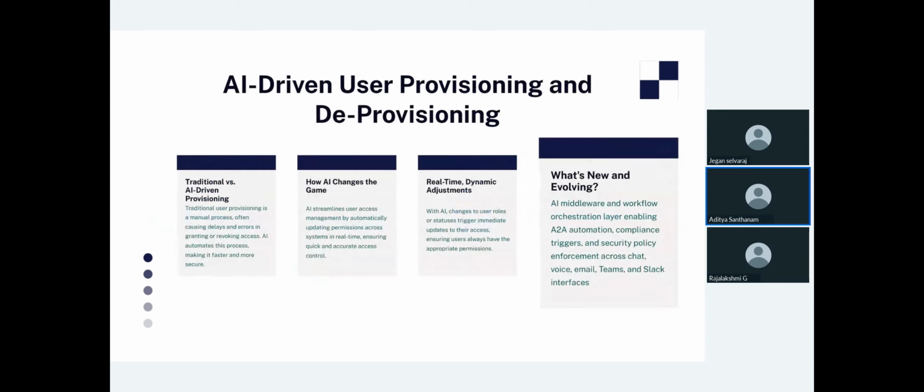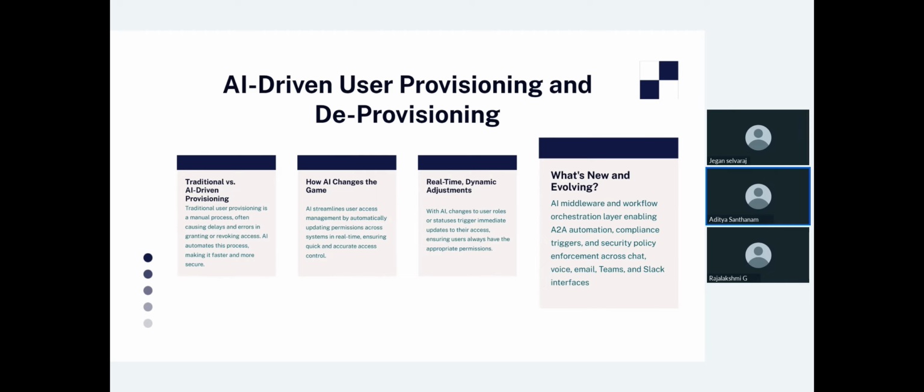Now, coming to AI-driven user provisioning and deprovisioning, I'll explain it a little differently. You can imagine AI agents handling each of these tasks separately. For example, if you're managing user provisioning and deprovisioning across a certain application, you can have an AI agent run separately.